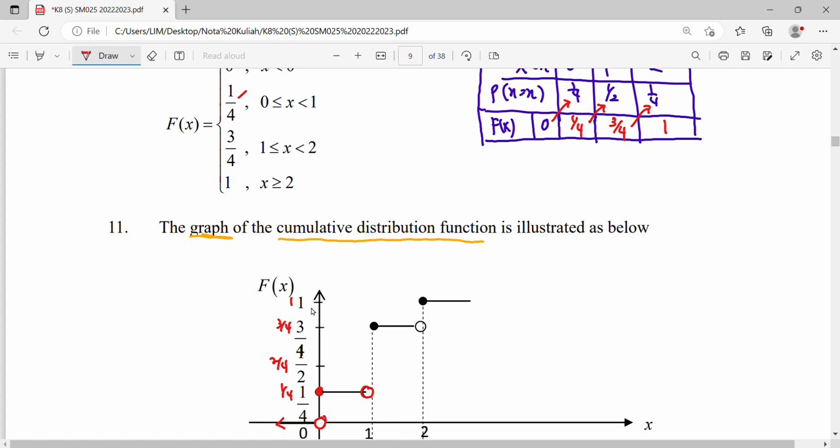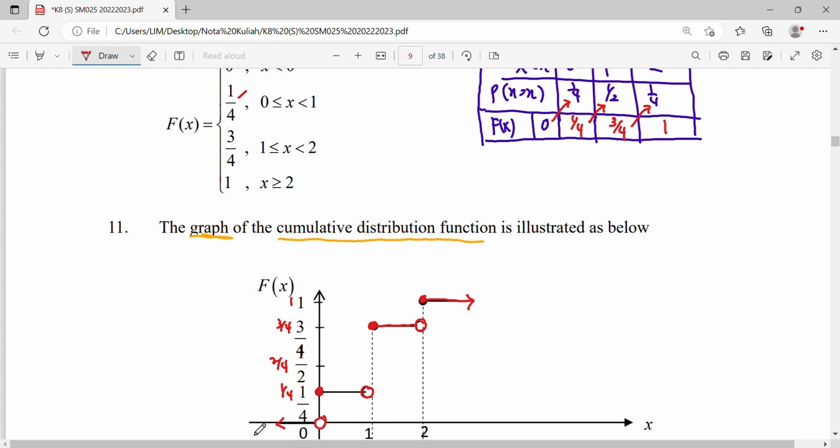So the printing, you cannot see it clearly. So the next interval, which is equals to 1, less than 2. So that's why we have a filled circle, not equals to 2, empty circle. So for this level, it will go up to the probability of 3/4. Lastly, when you equals to 2 and greater than 2, your probability height is 1.